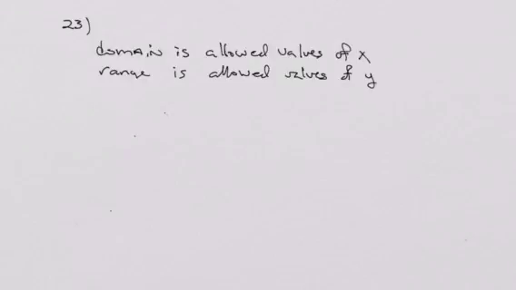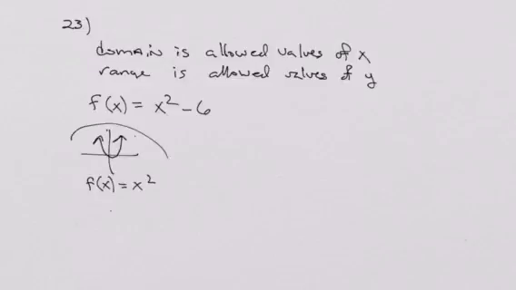But let's go ahead and look at this particular problem. This function is x squared minus 6. That's in the family of functions where, if that was f of x equals x squared, that's the graph of it. It should have the vertex at the origin.